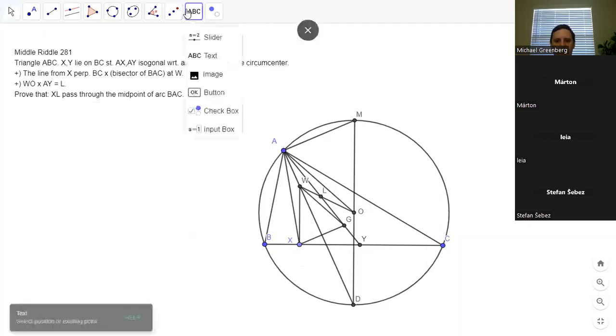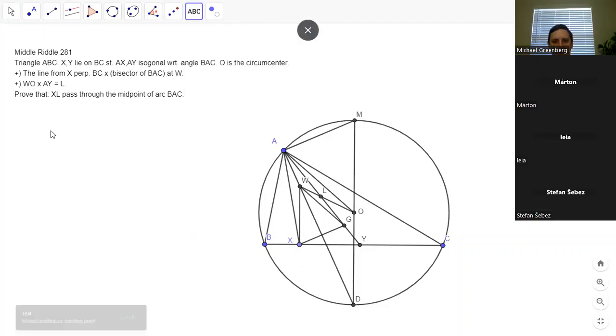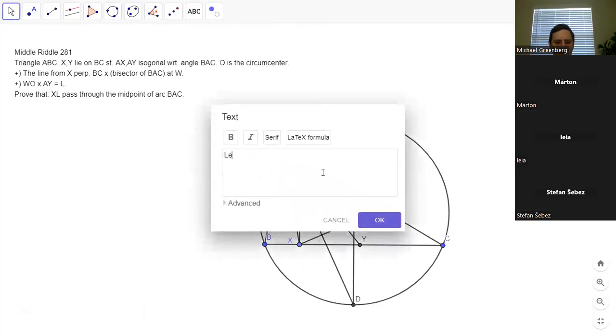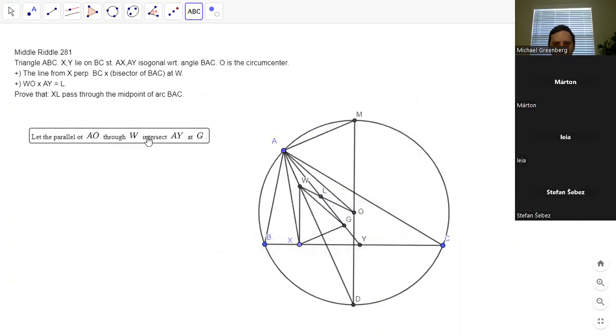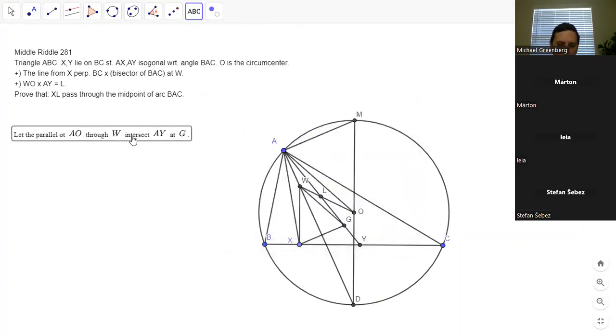So let the parallel to AO through W intersect AY at G. Then WG is parallel to AO, WX is parallel to MO.